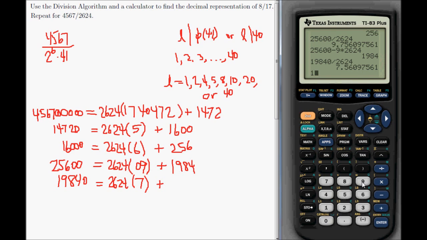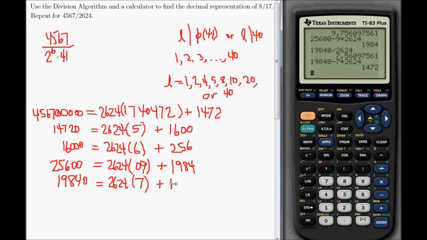And then the remainder is 1,472. And we notice, of course, that this matches the remainder that we started with. And so if we continue the pattern, the digits will start repeating.